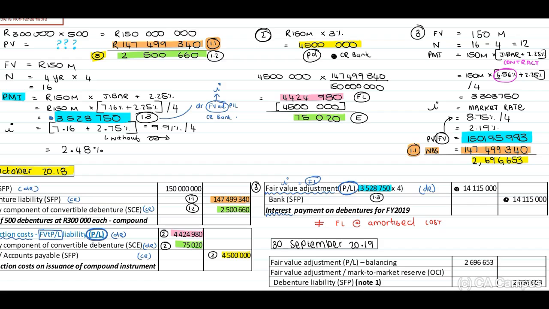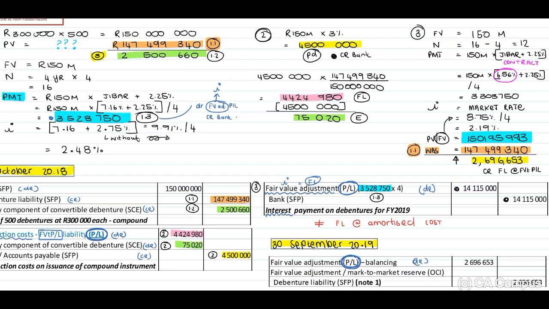Now, when we look at this, guys, it is now the 150 million minus the 147,499. Therefore, there is an increase, and this is a liability. Therefore, we will have to credit the financial liability at fair value through profit and loss. And you will now remember, look at my journal entry at the bottom of your screen, right side. 30 September, we debit our fair value adjustment in our profit and loss.